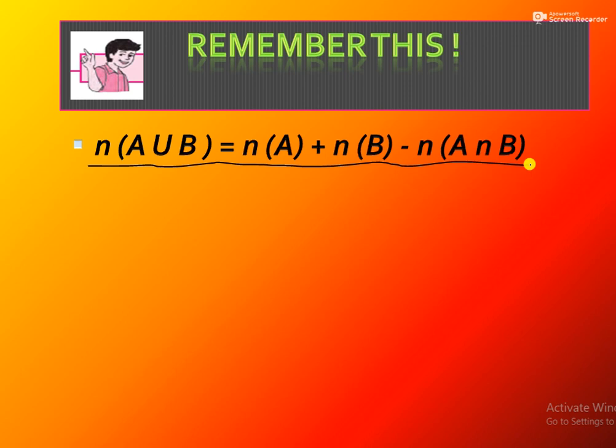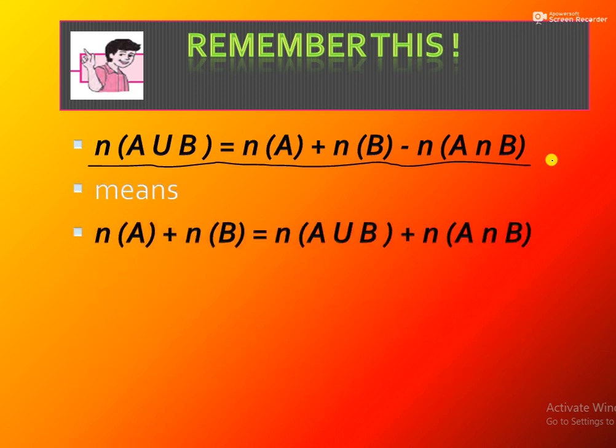Some students face difficulty remembering this formula because they are not clear whether it is intersection or union. So another formula you can remember is n(A) plus n(B) is equal to n(A union B) plus n(A intersection B).